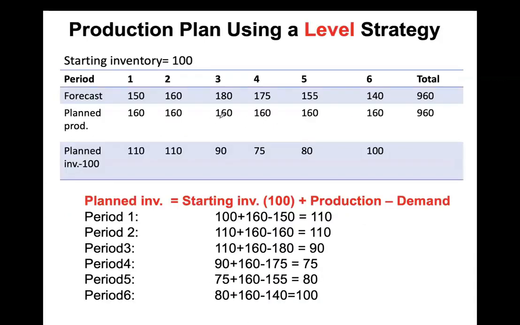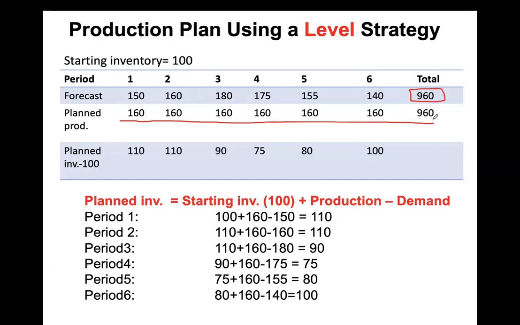So here's more calculation. We have 960, that's the total demand level, and when that was divided by the number of periods, that's 6 periods, 960 divided by 6 is equal to 160. So this whole row will be 160 because it's level production strategy. It means the same amount should be in all periods.